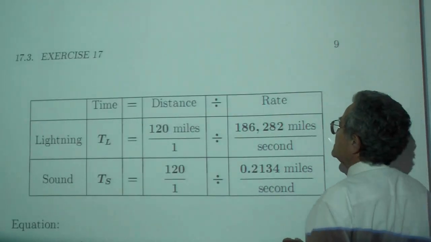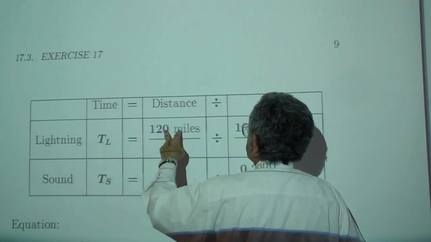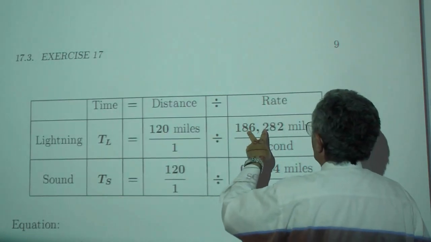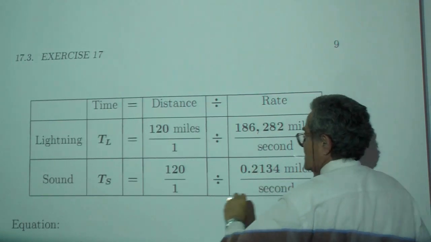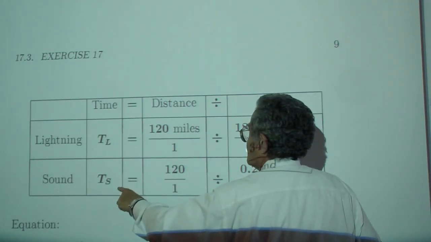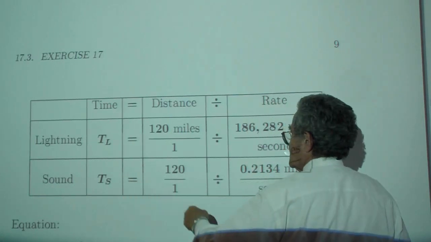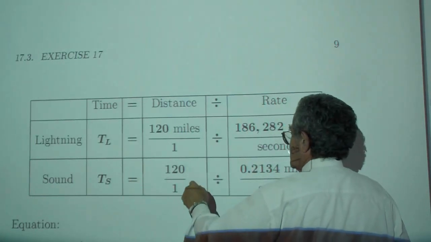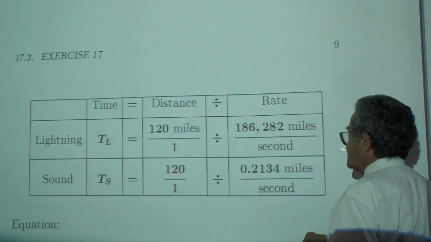Now time equals distance over rate. The time of the lightning is the distance 120 over the rate, which is right here, and the time for the thunder sound is 120 divided by 0.2134.